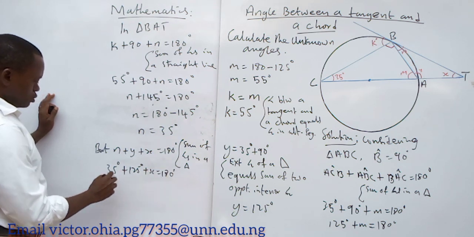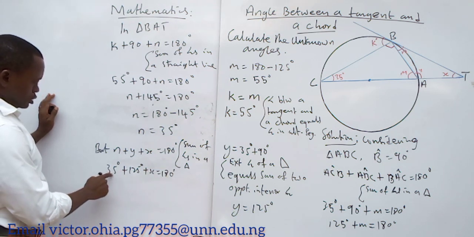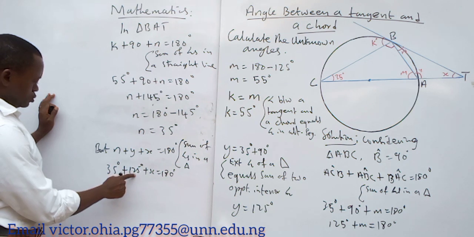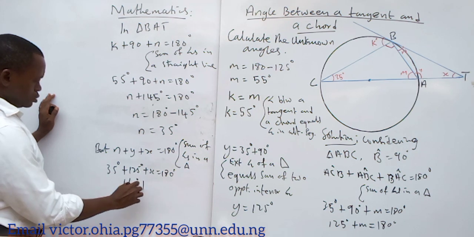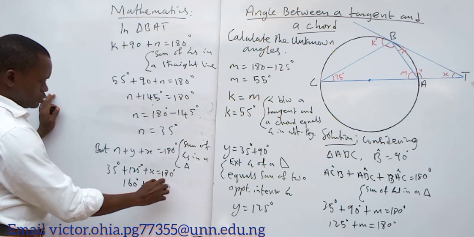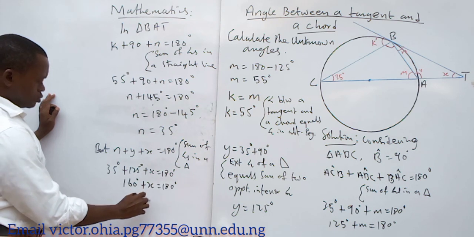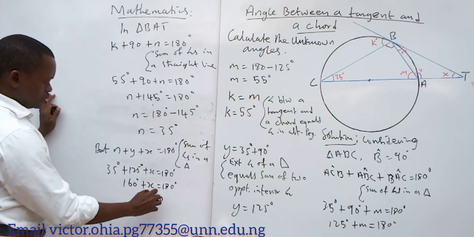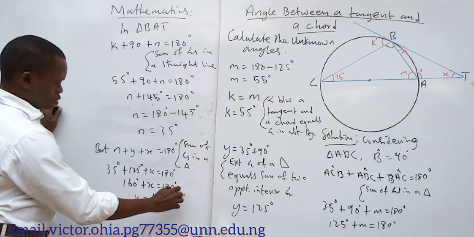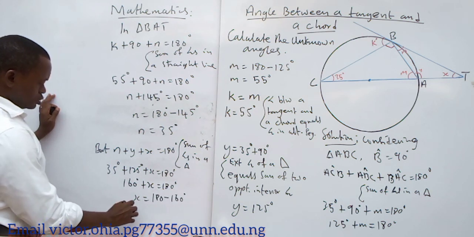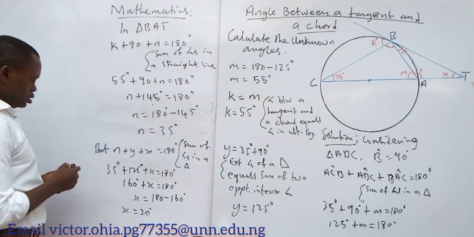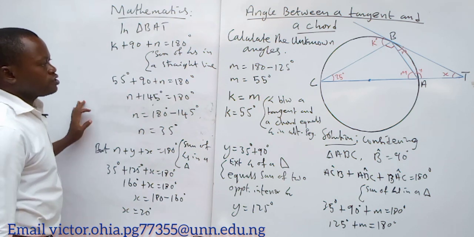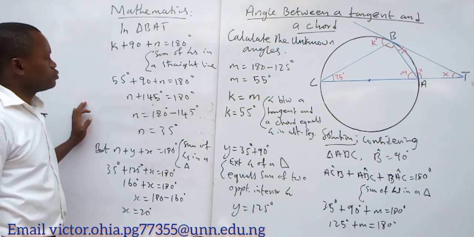So this and this now will give 30 plus 20, 50. 5 plus 5, then making it 60, 160 degrees. So x is equals to 180 minus 160. So what is x? X is equals to 20 degrees.